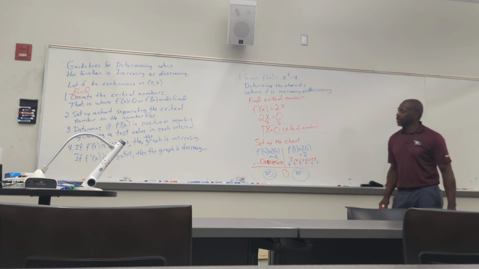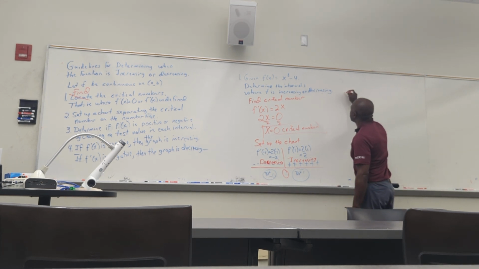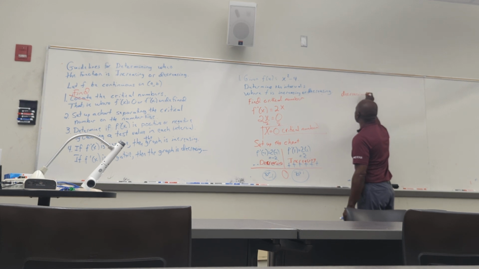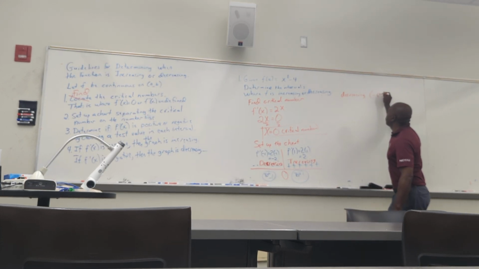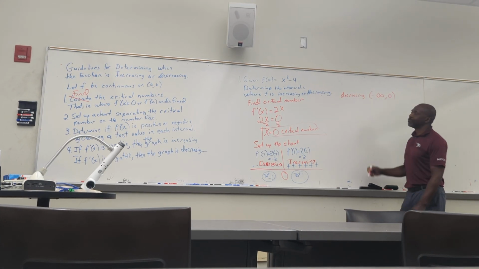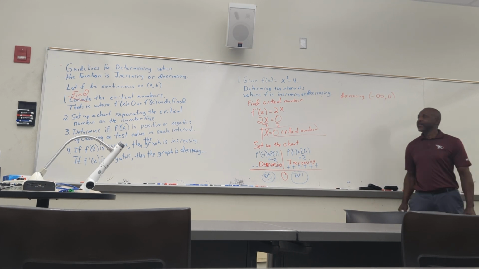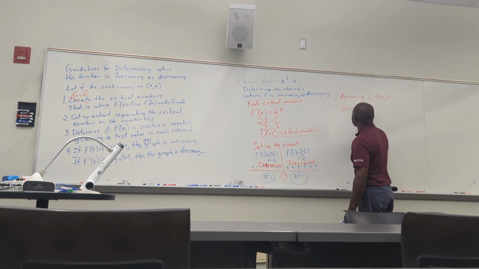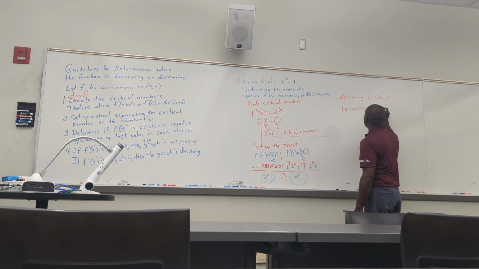But I asked you to find the intervals. So therefore, you should be able to tell me it's decreasing from -infinity up to 0. It's increasing from 0 to what?